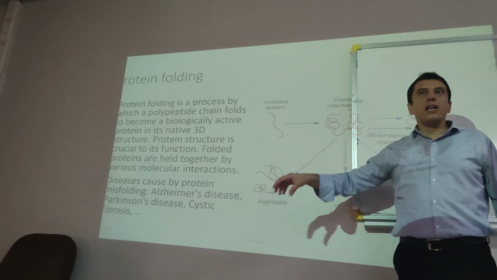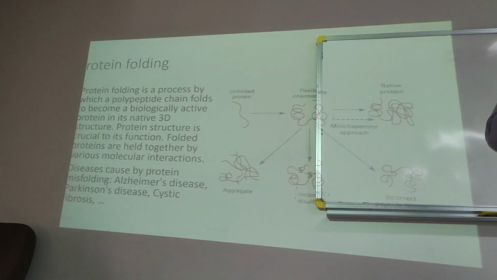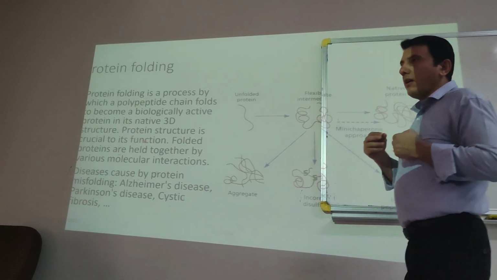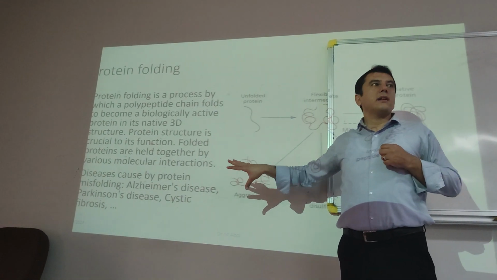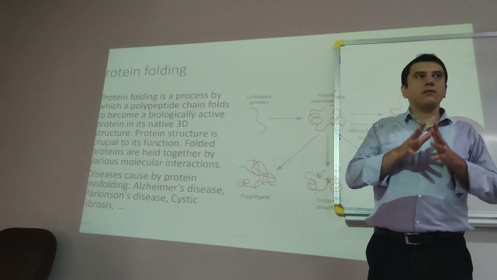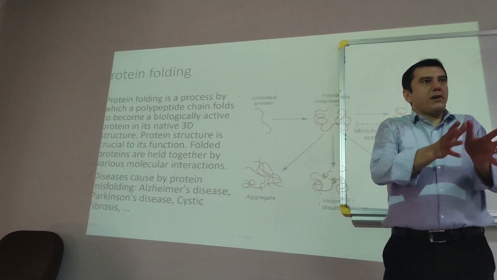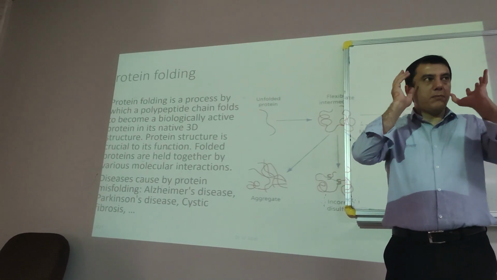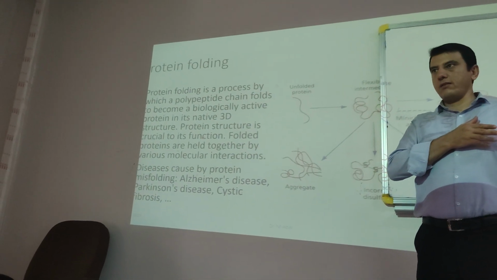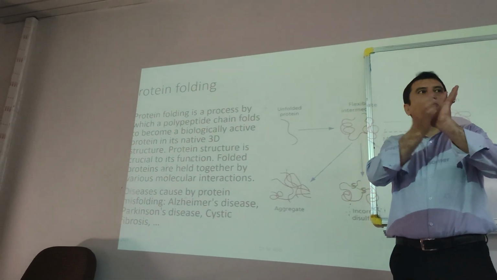When such aggregation happens in our brain, it is hurt in a very amazing manner. Our brain turns into a sponge and has too many pores.